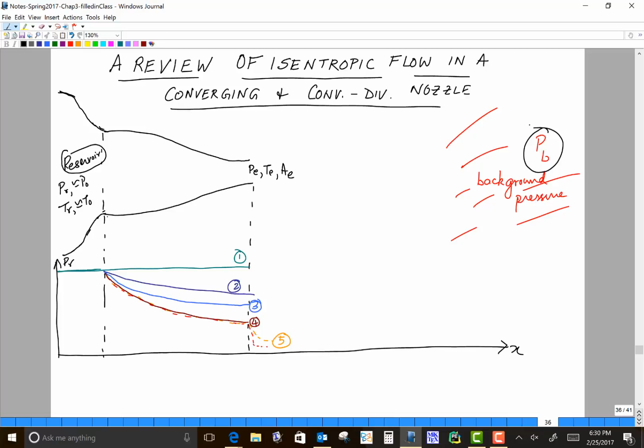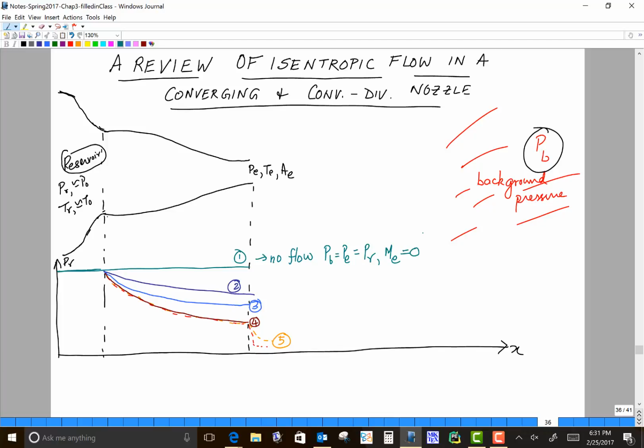To do this, we are going to systematically vary this back pressure from the reservoir value, which corresponds to case 1, at which basically there is no flow, where PB equals PE equals PR. Okay, and so ME, the Mach number at the exit plane, is 0.